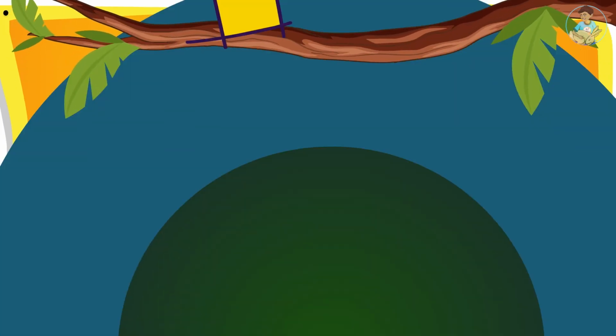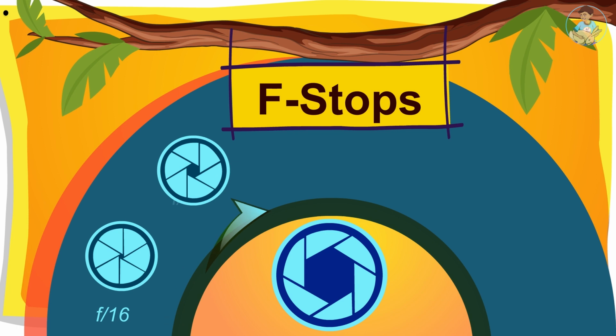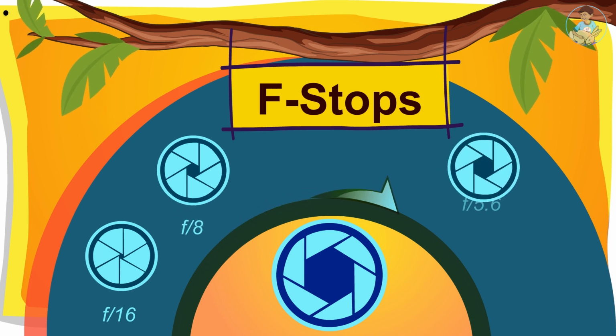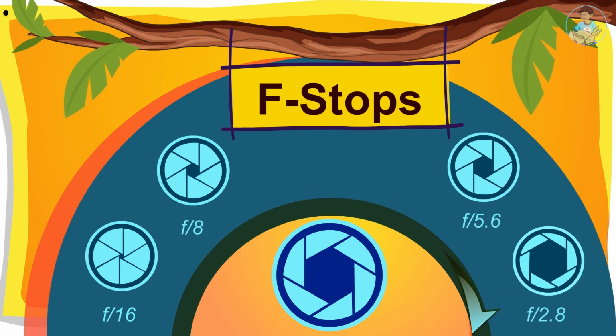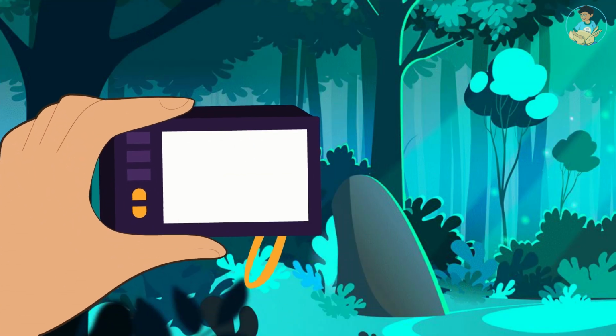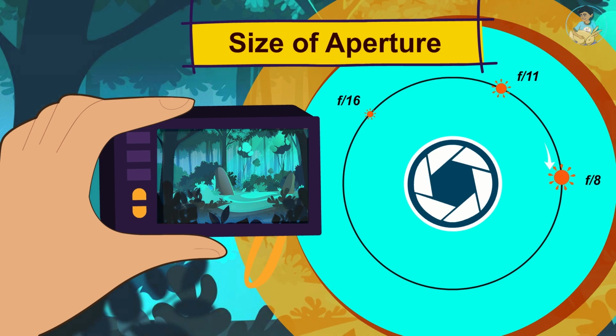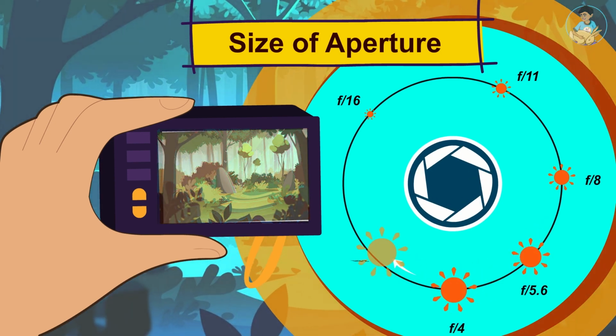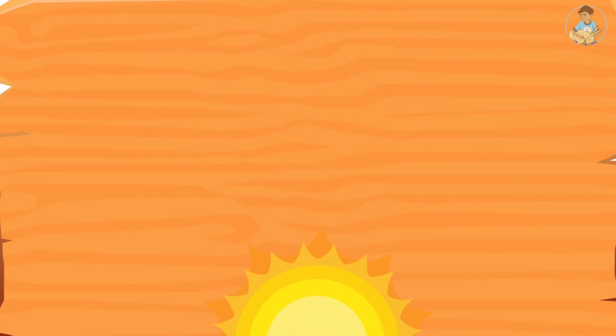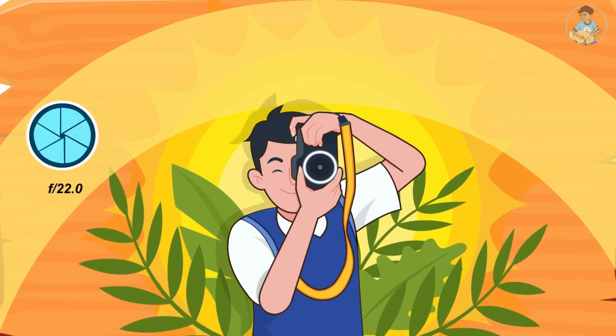The aperture is measured in f-stops, sometimes even referred to as f-numbers. The f-number is a measurement of how large or small the aperture opening is. The higher the f-number, the smaller the aperture opening.